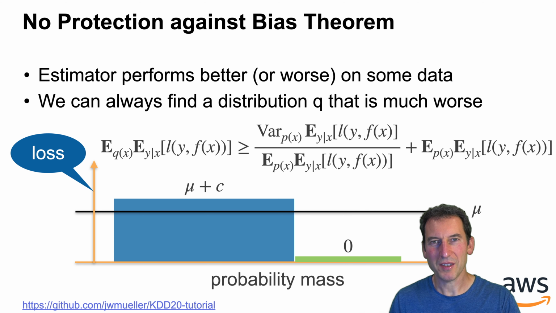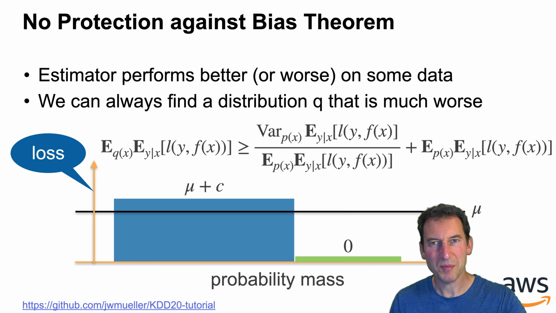So that's actually quite a nice result, because it tells me that unless you have uniform performance, you can always find a biased test set where the performance will be worse.